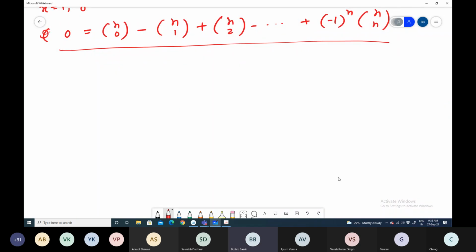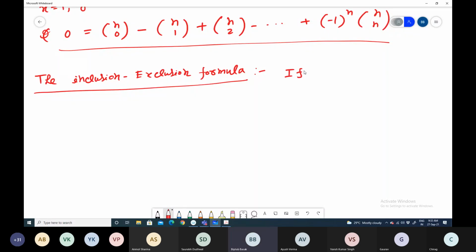So what is that formula? If A_i is a subset of S for some set S, for 1 less than or equal to i less than or equal to n, then first we take one example, otherwise it may be difficult to understand.